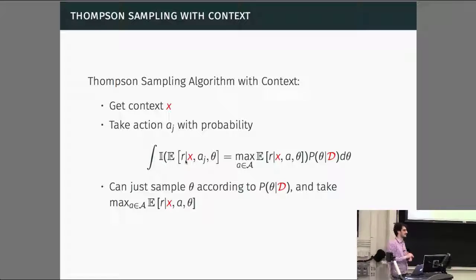Of course, again, it's going to depend on what distribution assumptions we're making, just as Thompson sampling did before. But now the distributions incorporate that there's some context, and we're conditioning with respect to that context. But the same algorithm structure applies. Okay? Any questions about this?